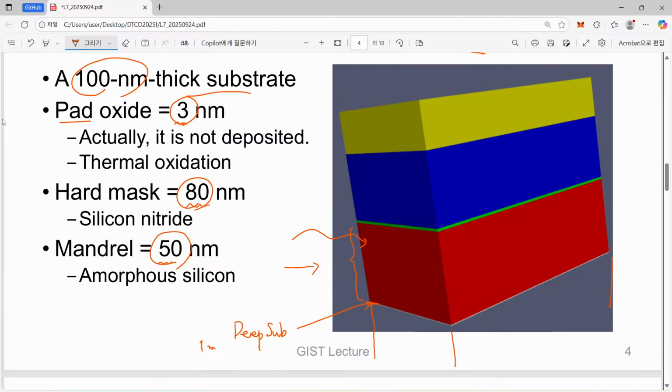And also, although I say that here the mandrel region is 50 nanometer thick, actually, in order to realize this mandrel, also, I will explain later. Anyway, for realizing this region, actually we need more layers in it.